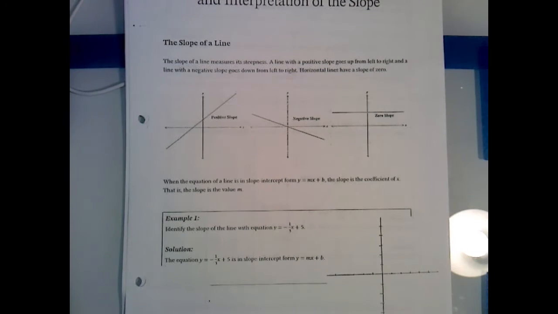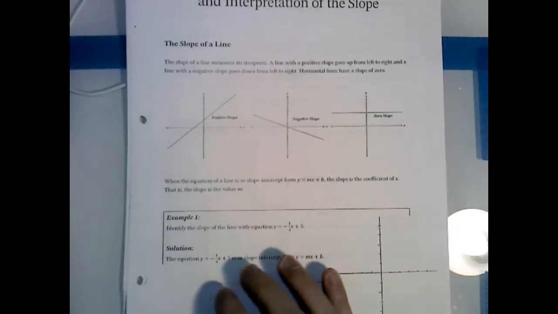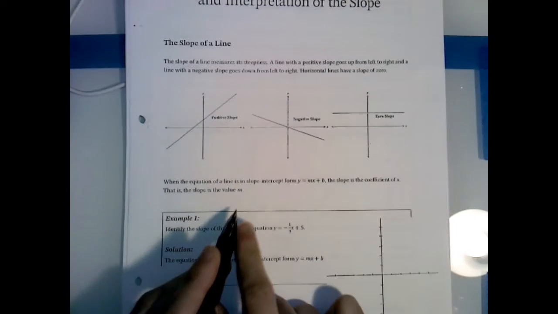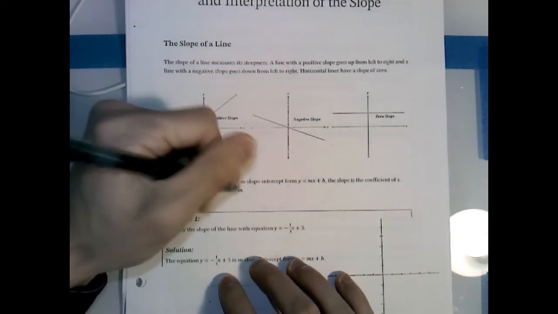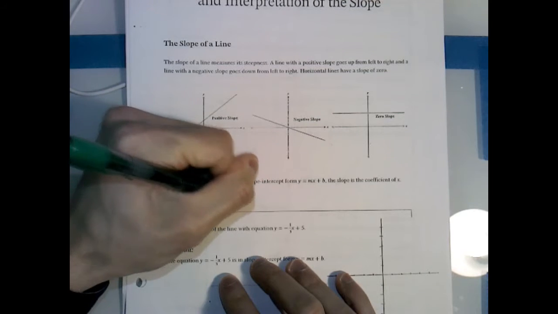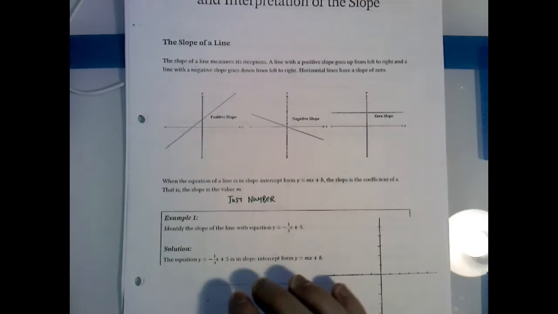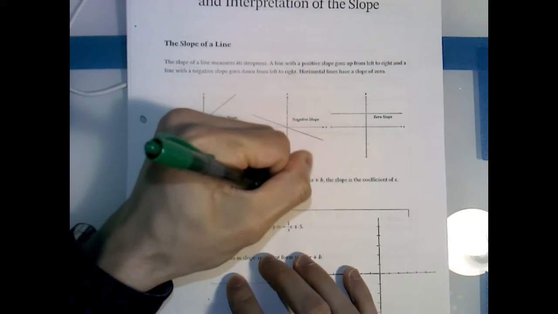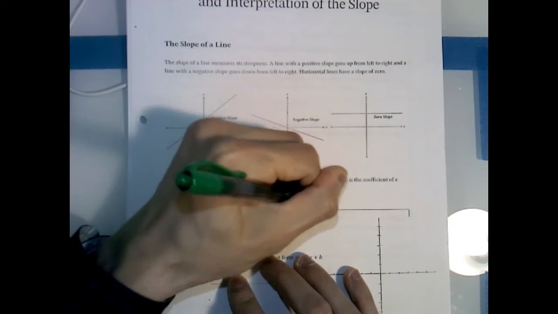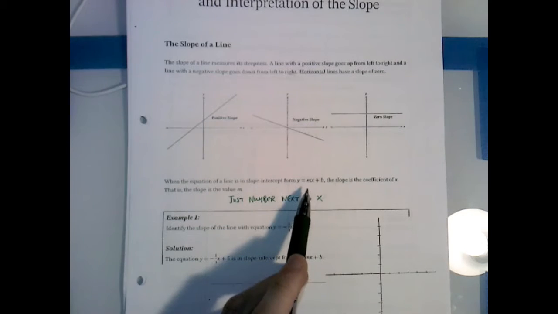The slope is just the number next to x, the number being multiplied by x. Remember, if you don't see an operation there, that just means you're multiplying.